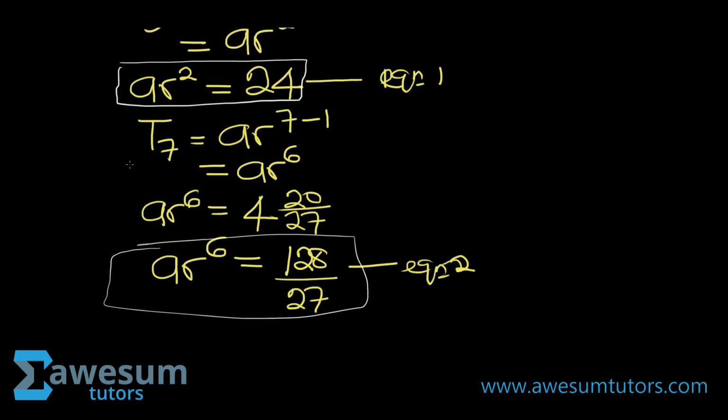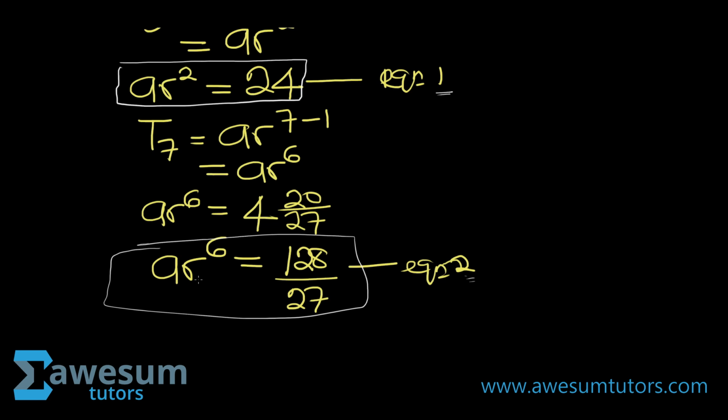So that's going to be a simultaneous equation with two unknowns. So now I have AR squared equals 24, and also AR raised to the power 6 equals 128 over 27. If you want to solve this question, you are going to divide equation 2 by equation 1. It's going to be easier that way.